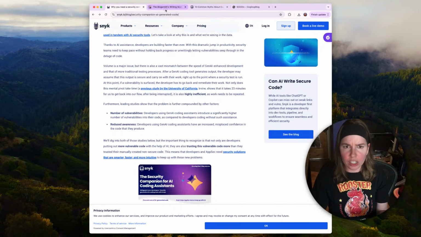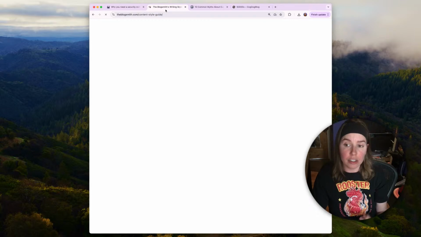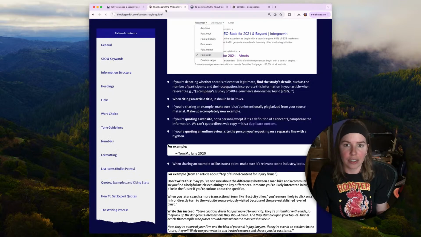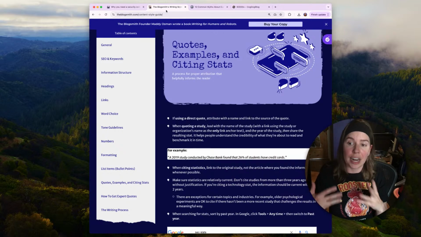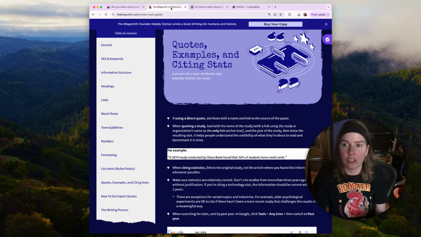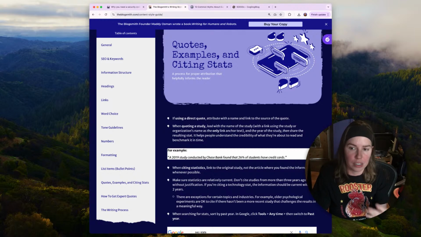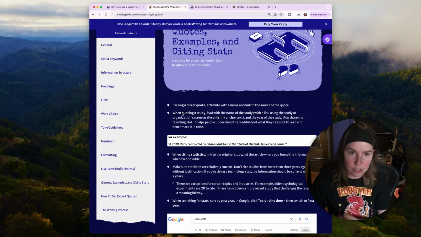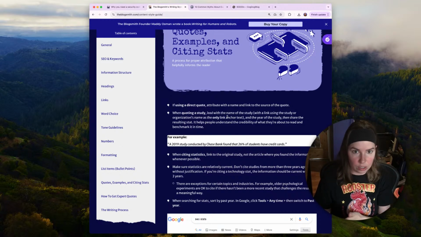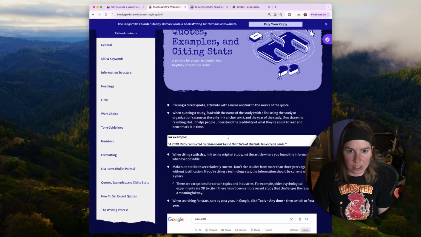I wanted to share some guidance from the Blogsmith's content style guide about stats specifically, to help you be consistent in how you format them, and also to create those expectations that I think are so important to set for people. So, for example, our guidance is when quoting a study, lead with the name of the study, with a link using the study or the organization's name as the only link anchor text.